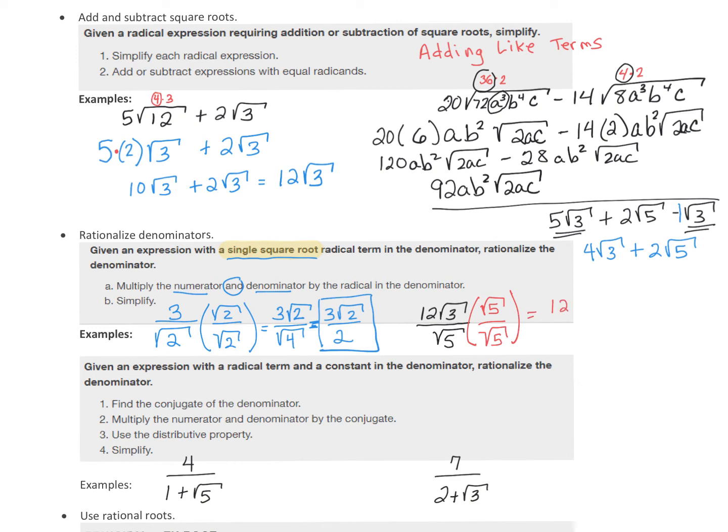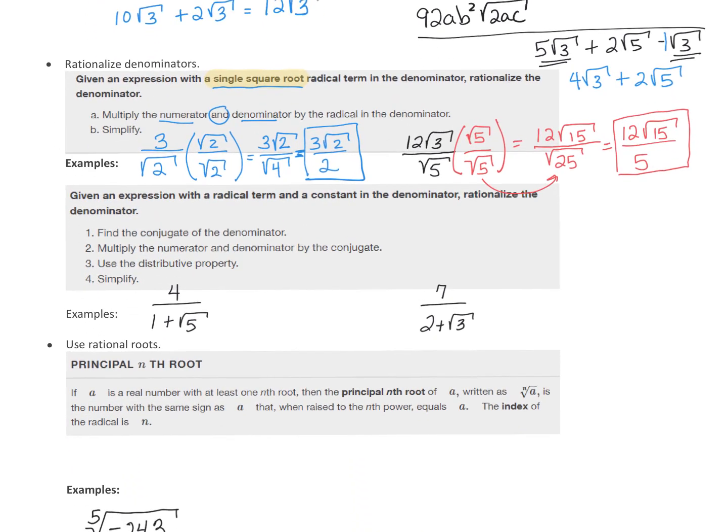So this is 12 root 15 over root 5 times root 5 is root 25, and the square root of 25 is 5. So basically what we're doing is we're creating that situation where we have that perfect square on the bottom.